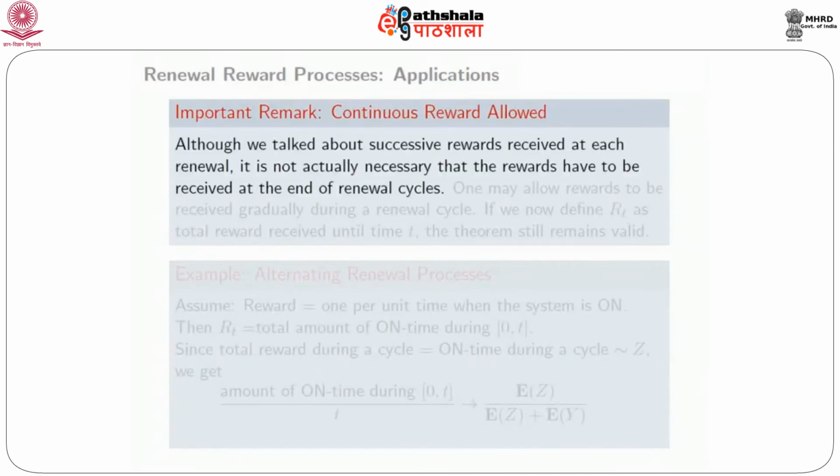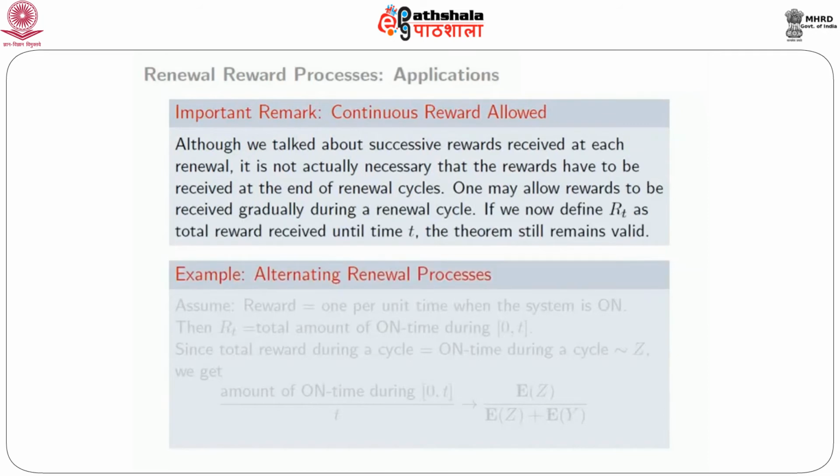So important remark, we are just going to apply this result. Even though we might have given the impression that we get the reward at the end of a cycle, frankly speaking it's not necessary. Although we talked about successive renewals, it is not actually necessary that the rewards have to be received only at the end of the renewal cycles.